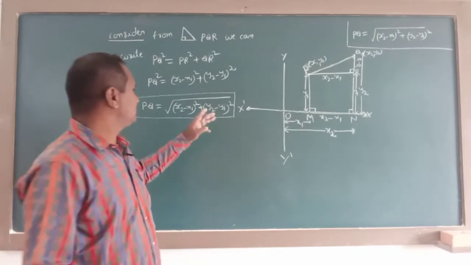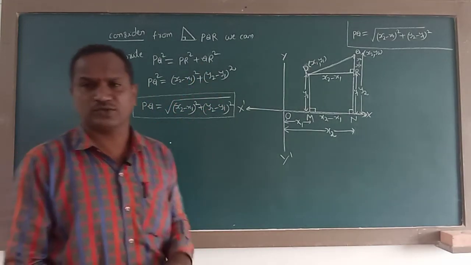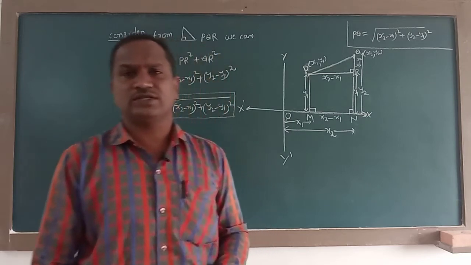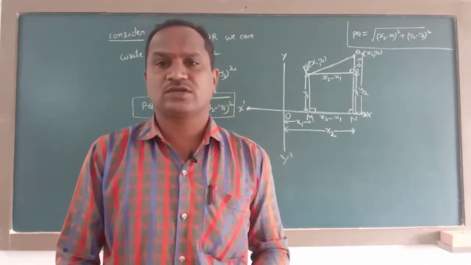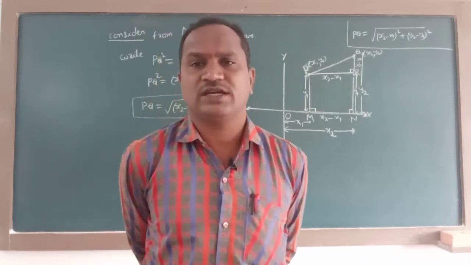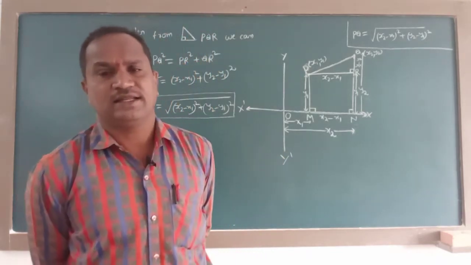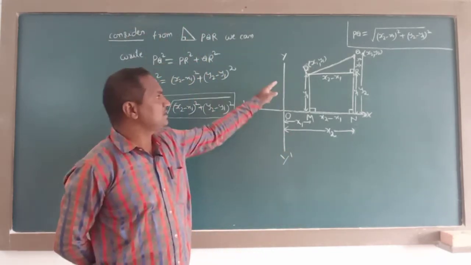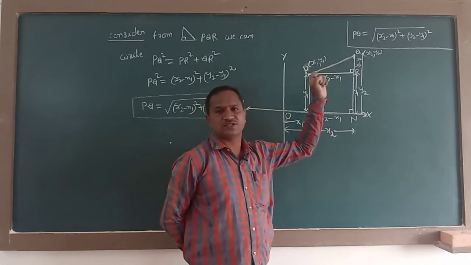How did I get this formula? PR square plus QR square, according to the statement of Pythagoras theorem: the square of the hypotenuse is equal to the sum of squares of the remaining two sides in a right angle triangle. That is, the hypotenuse square is equal to adjacent square plus opposite square.